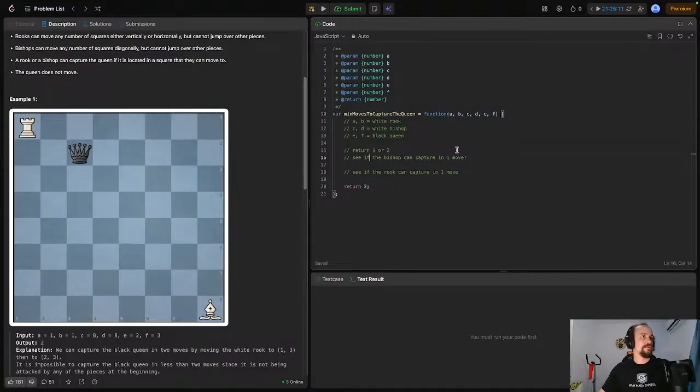So, see if the bishop can capture in 1 move. How do we do that? Basically, we could be a little lazy here. So this is basically accounting for the diagonals of the bishop. We don't need to really worry about an array out of bounds.